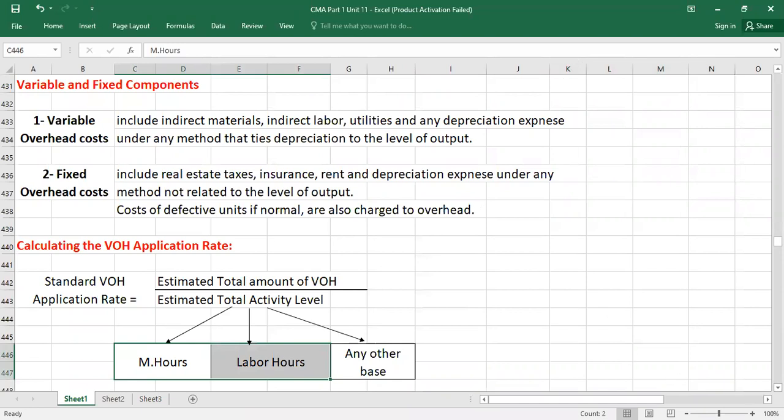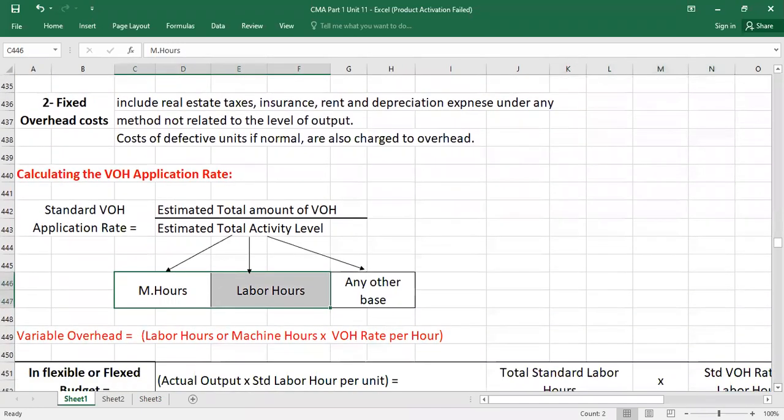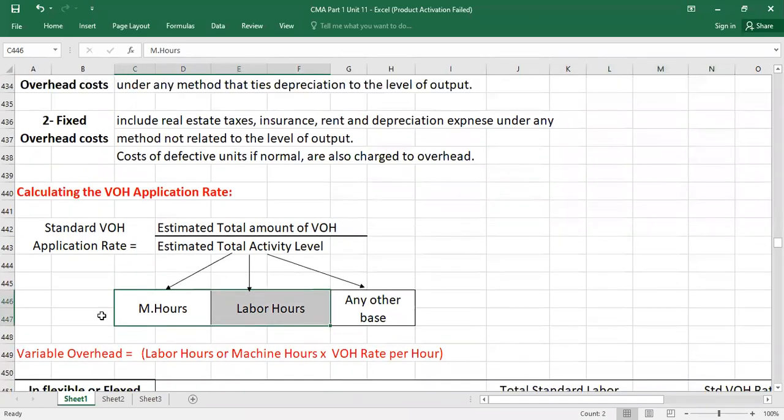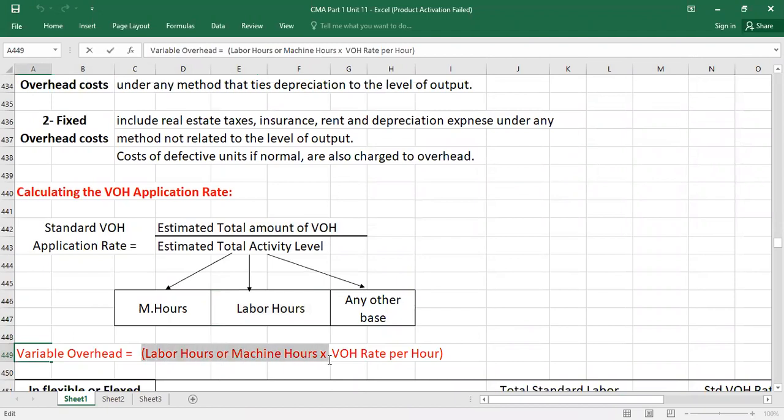You can see here, if variable overhead is absorbed based on machine hours or labor hours, how will you write the variable overhead in the product cost? We will write it this way: we take labor hours or machine hours, multiplied by the variable overhead rate for each labor hour or machine hour.